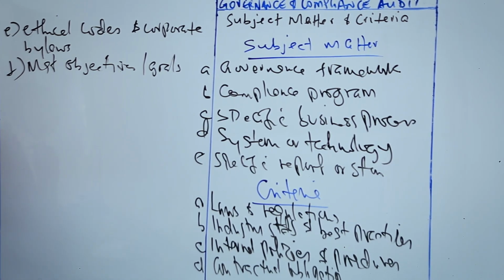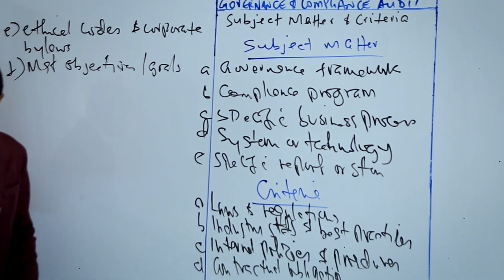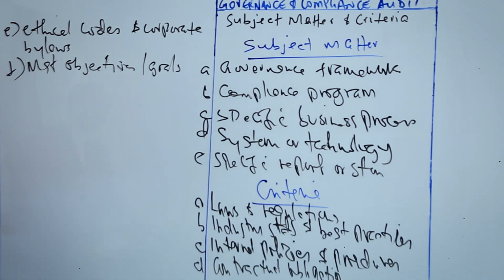Now, the audit may evaluate whether a specific program or process is meeting its stated objectives as defined by management. So these are examples of criteria which we defined as the benchmark against which an examination or an audit is conducted.